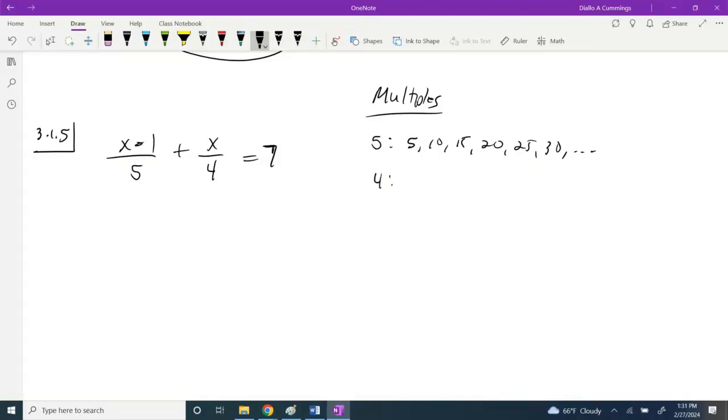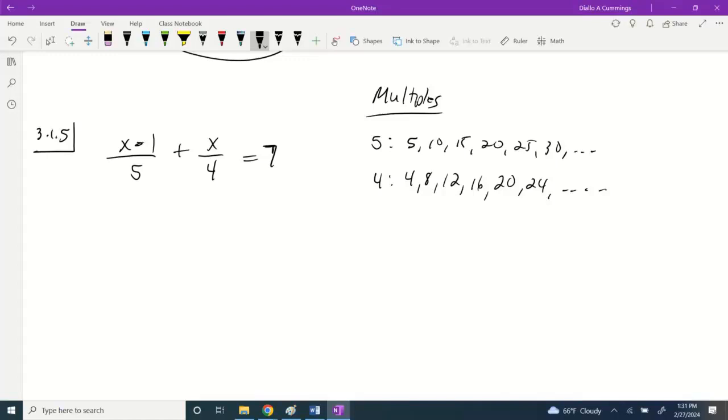The multiples of 4, that's 4 times 1, 4 times 2, so on and so forth. We have 4, 8, 12, 16, and then we have 20, 24. That's going to keep on going.